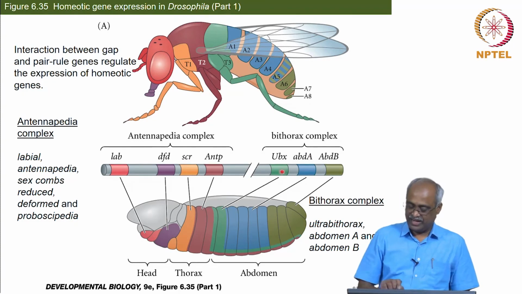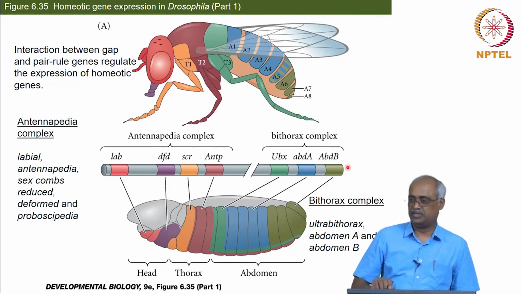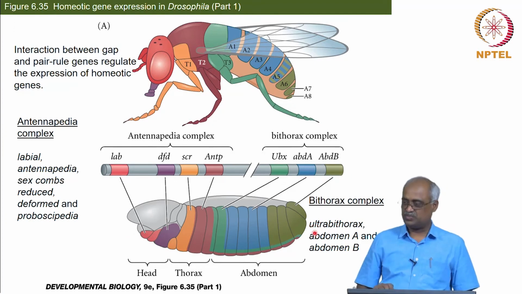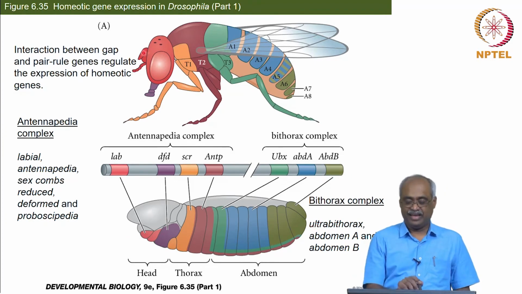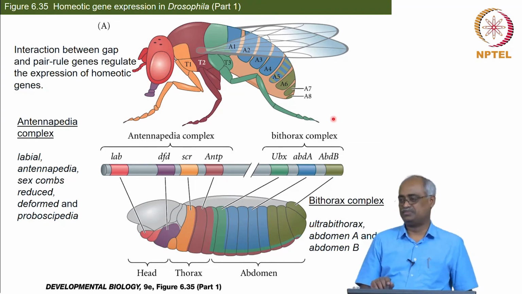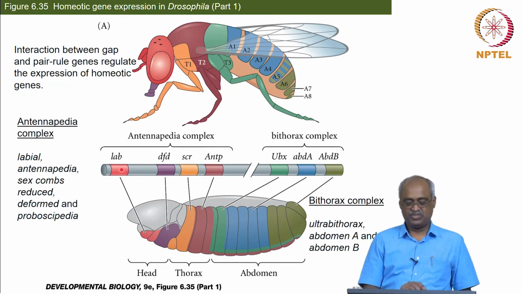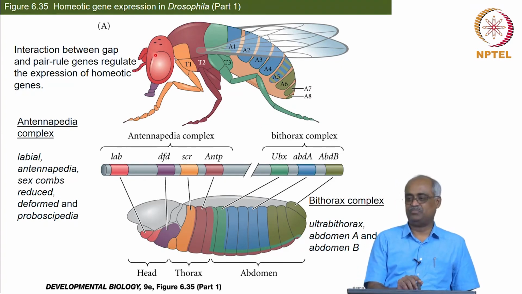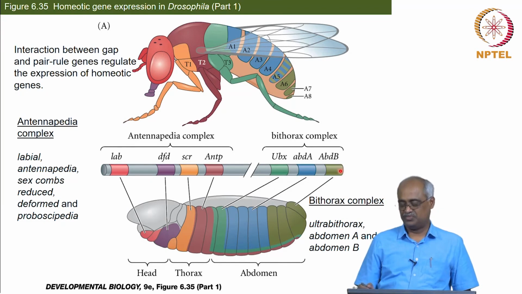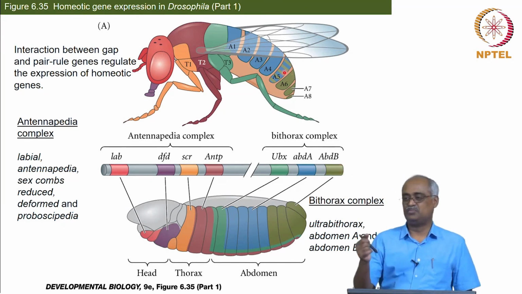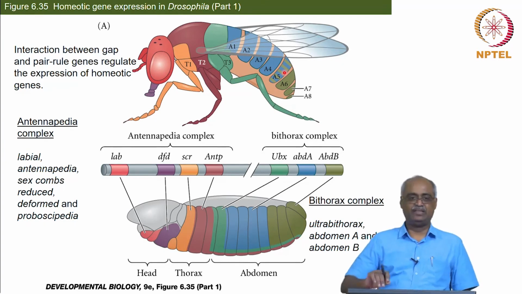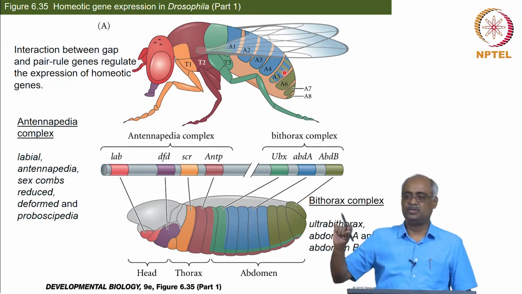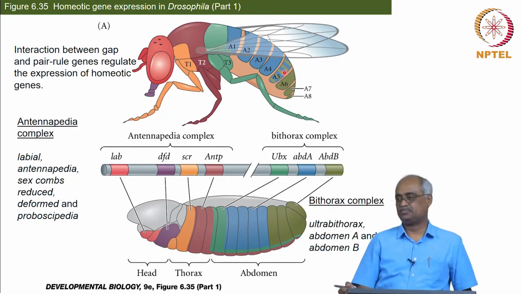The left to right arrangement of these genes corresponds to the anterior-posterior domain of expression and the anterior to posterior structure formation. The leftmost gene is required for the anterior-most body part, and the rightmost gene is responsible for the posterior-most body part formation. So, there is a collinearity between the location on the chromosome and the body structure.